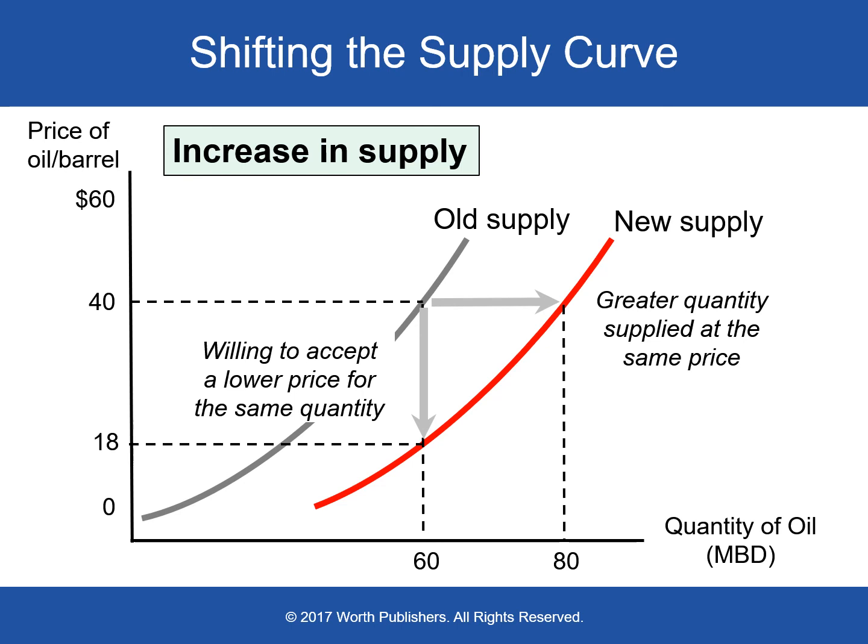Because of new efficient drilling, producers can continue to produce oil at 60 million barrels, even if the price of oil were to fall.